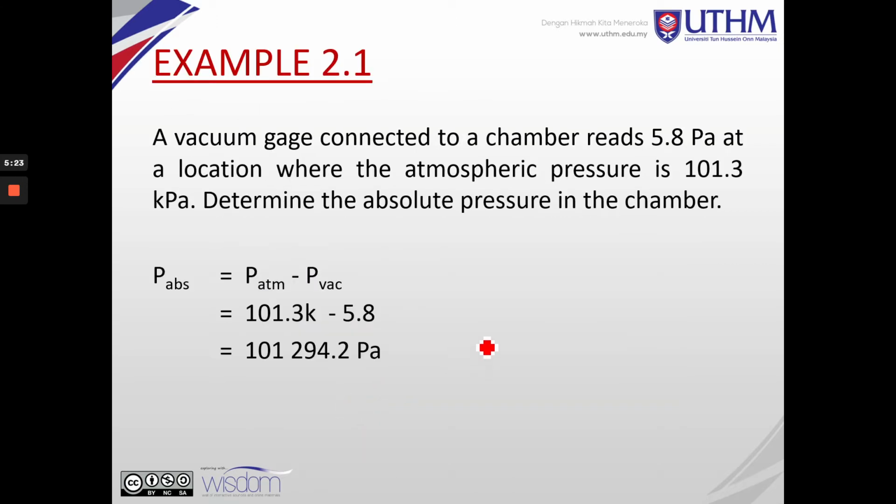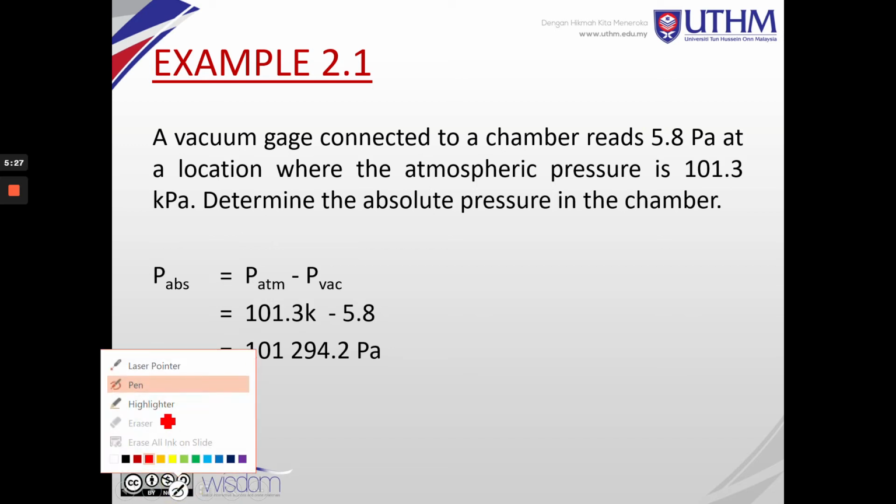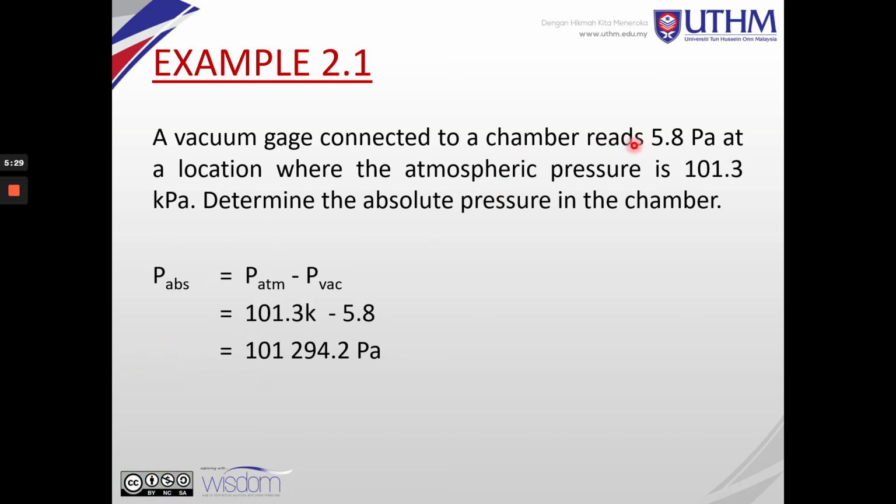Example 2.1. A vacuum gauge is connected to a chamber reading 5.8 kilopascal at a location where the atmospheric pressure is 101.3 kilopascal. Determine the absolute pressure in the chamber. We use the equation P absolute is equal to P atmosphere minus P vacuum.